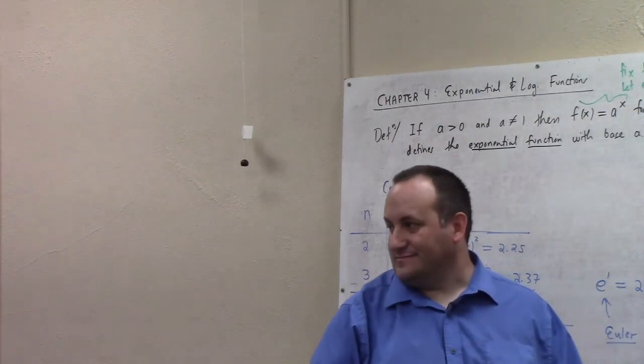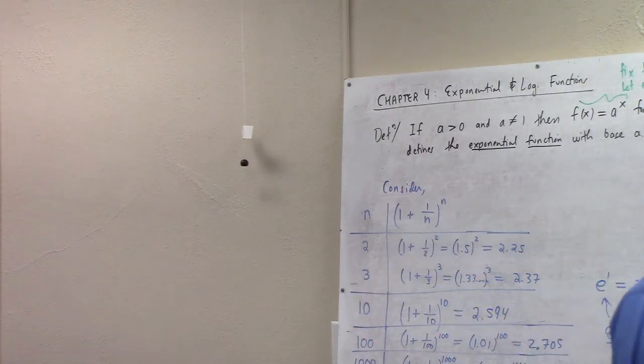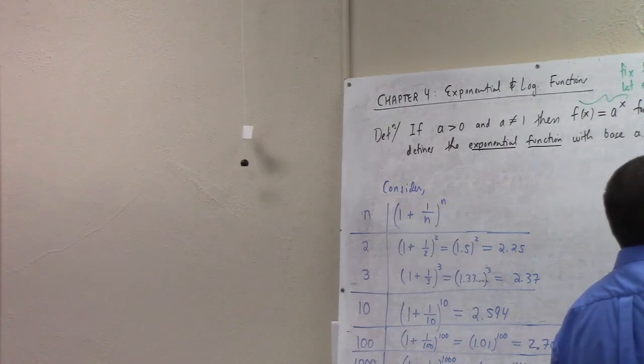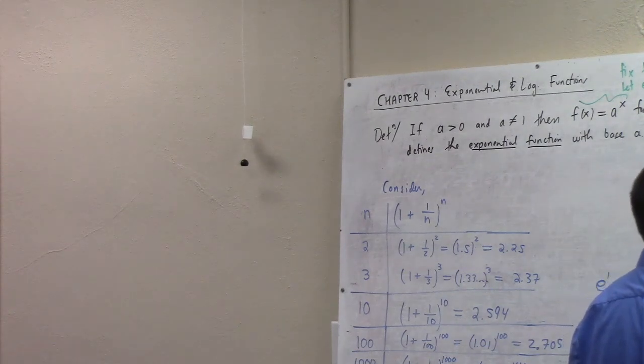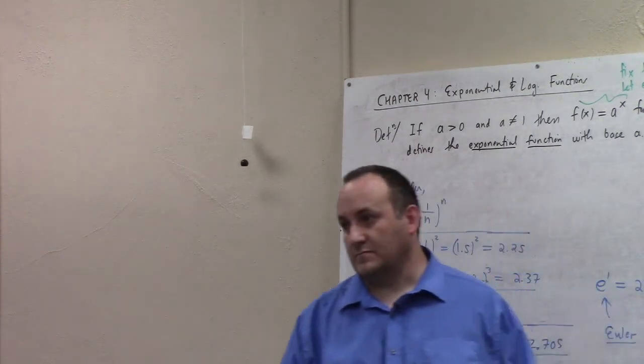You pick the interest rate. 5%? All right. So we'll write that as 0.05 for this formula. And let's let the number of compounding periods be 12. So suppose it's compounded monthly, all right?